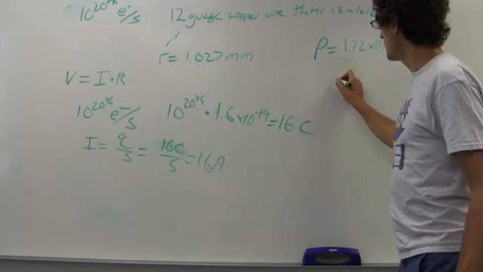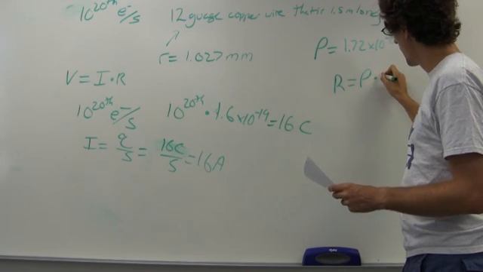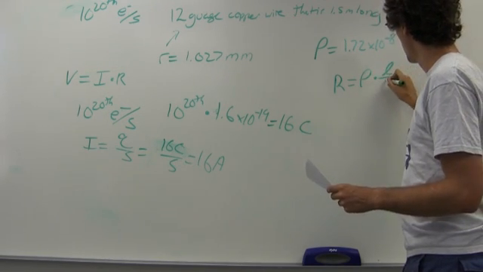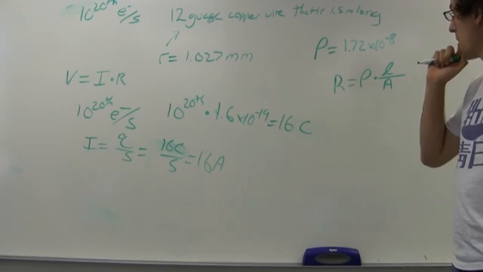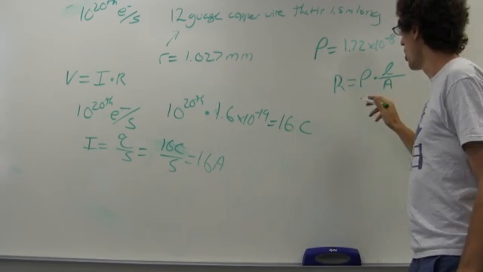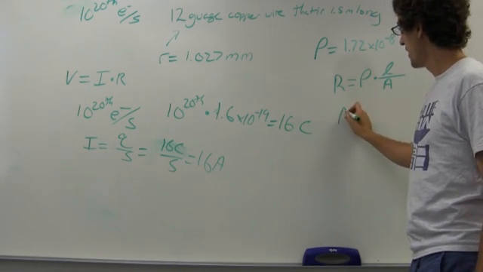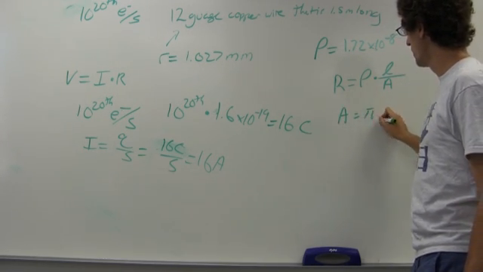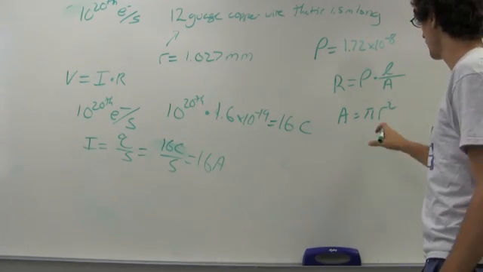So then we know that the resistance is equal to the resistivity times the length over the area. We know resistivity, we know length, and we can find area. Area is going to equal pi r squared, because it's the cross-sectional area of the wire.